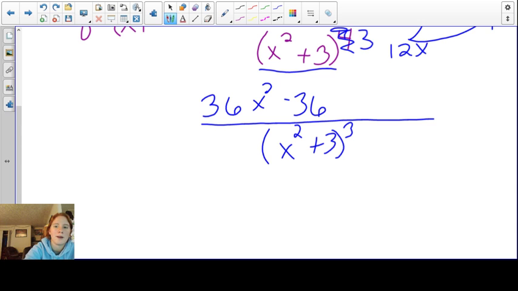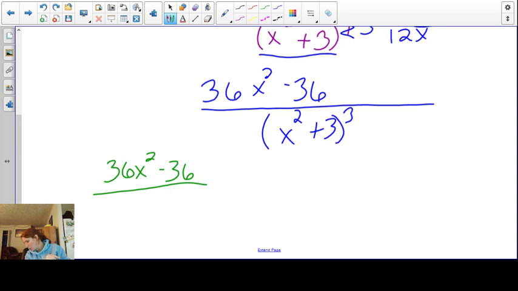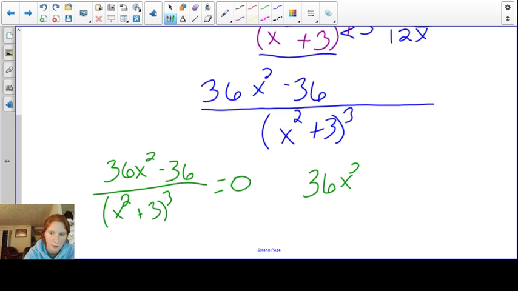So we get to set this bad boy equal to 0 now. When I multiply by the denominator, it ends up canceling out, so then I get 36x squared minus 36 equals 0.